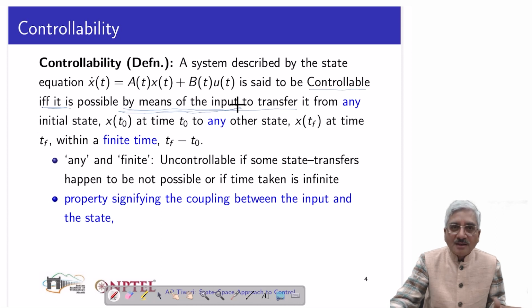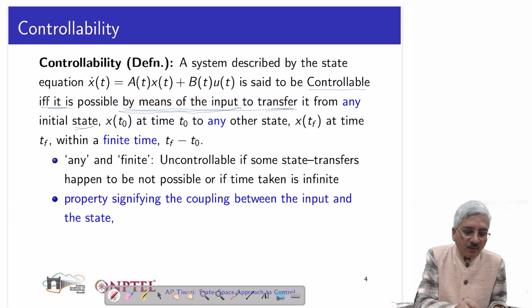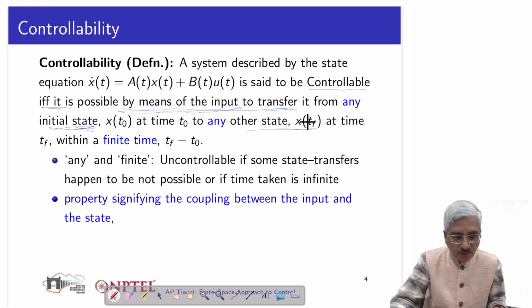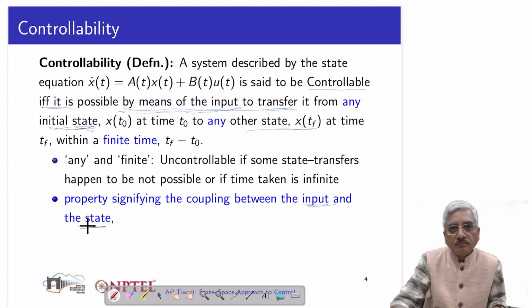So we are utilizing the input, the effort, and we are transferring the state from the initial value to some final value. So it is a connection between the input and the state. It is a kind of coupling between the input and the state. It doesn't involve anything else.